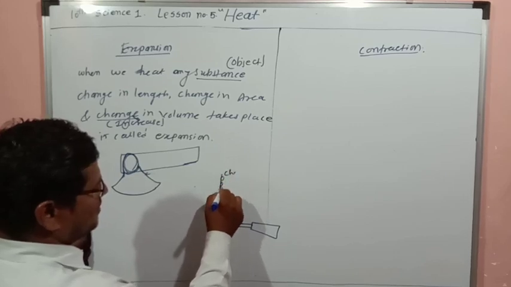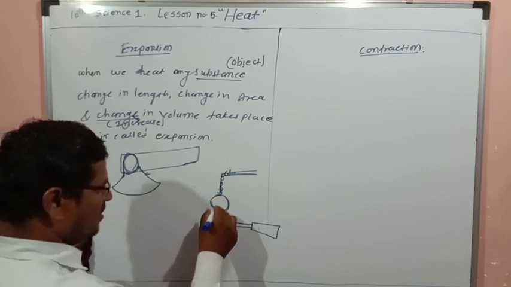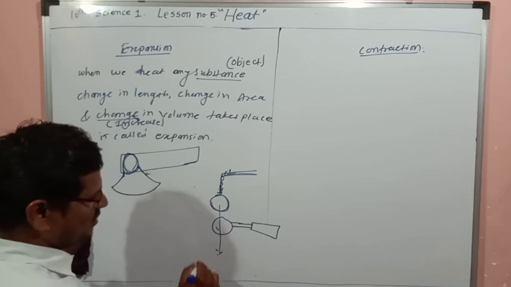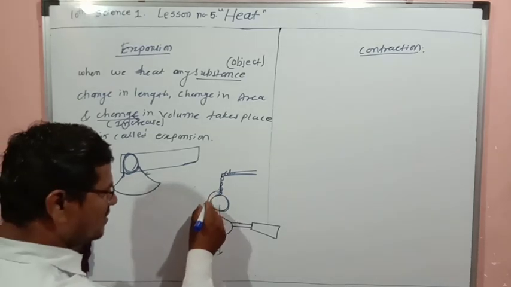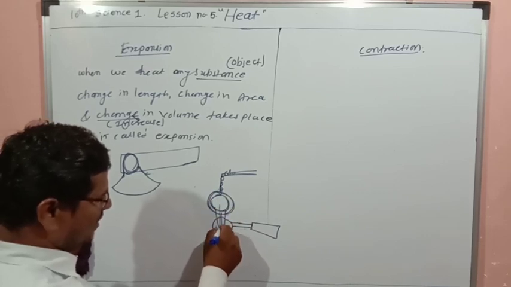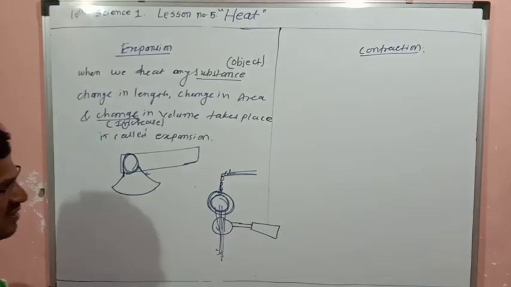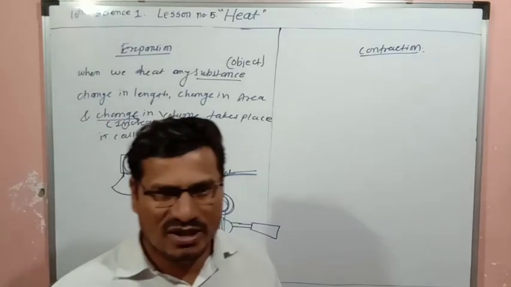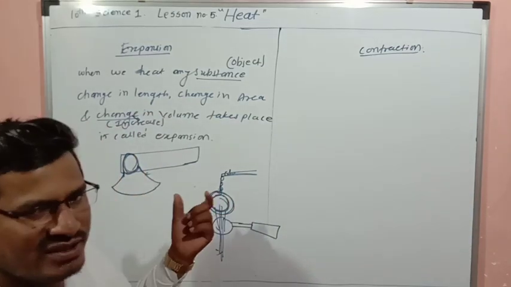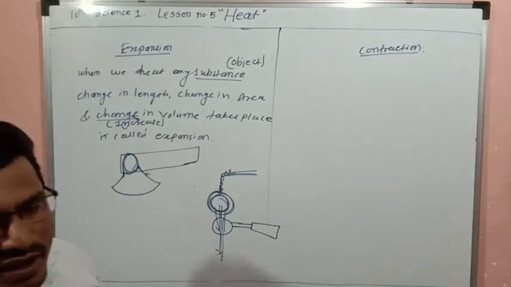Suppose like this way chain is there, you are holding this one. If you are without heating, it will pass through this particular ring. But when you will heat, then size increases, volume increases, so it cannot pass through the ring. And when you will cool it, then again it can pass through the ring. It is called as a ring and ball experiment. So in this expansion, change in size, increasing volume, increasing length, and increasing area takes place.